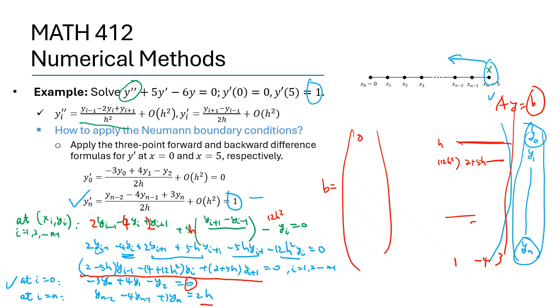The final one is 2h, and all the others are zeros. You set up this system and you solve it. Okay, that's this example. We just handled the Neumann boundary condition.